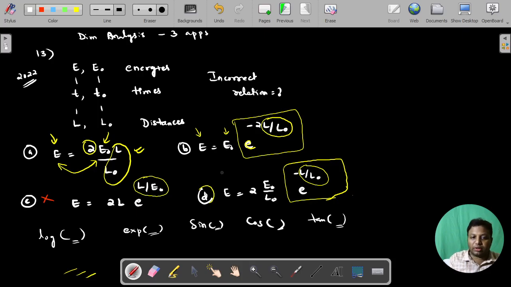This part is for energy, this is a constant number, and this is not the same as energy. You see, left side you have energy, right side it is energy by length. Those two don't have the same dimensions, so D is also incorrect. According to the options I have written here, C and D are incorrect equations.